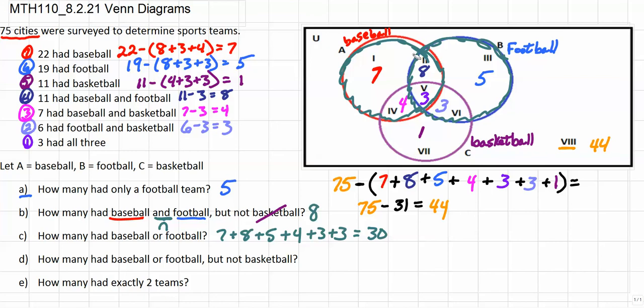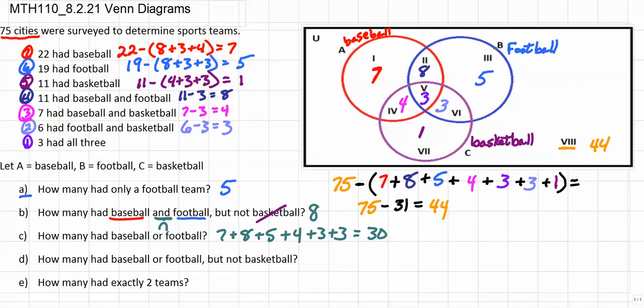Alright, so we move on to the next statement, which is D. How many had baseball or football but not basketball? Okay, so this is going to be a union of baseball and football, but we have to exclude the possibility of basketball existing in there.